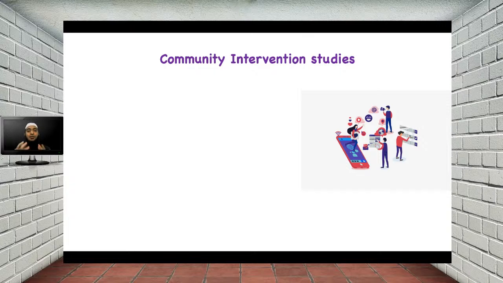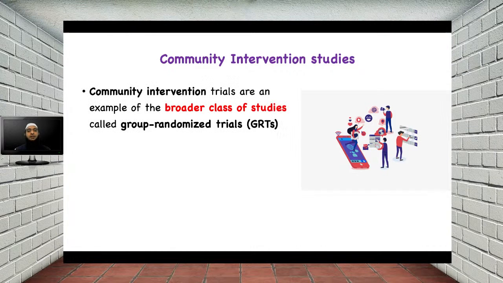Now the next type of epidemiological study, which is interventional in nature, is the community interventional study. Let's see what a community interventional study is and what we are doing in such a study. Community interventional trials are an example of a broader class of studies called group randomized trials, also called GRT.